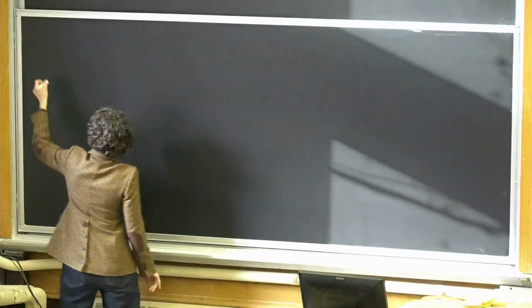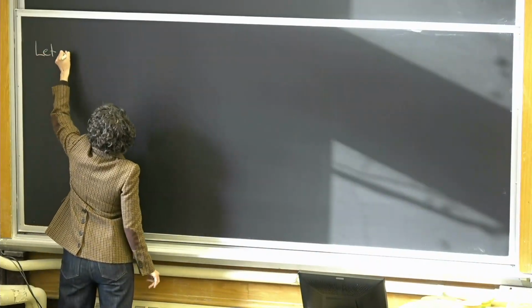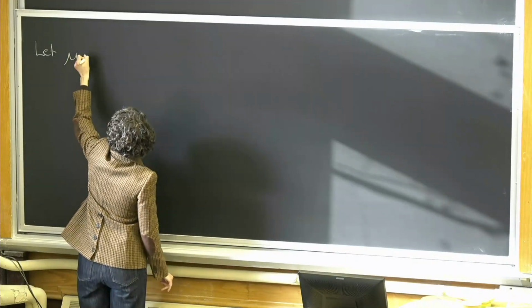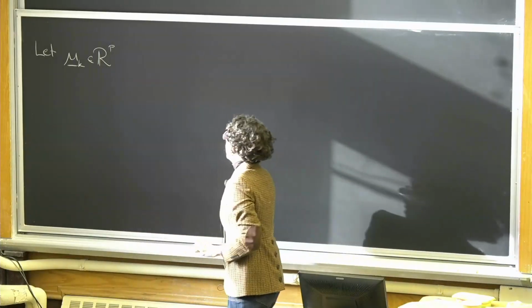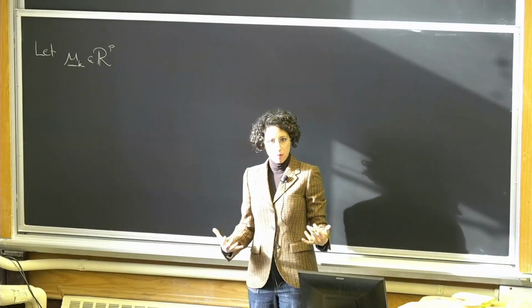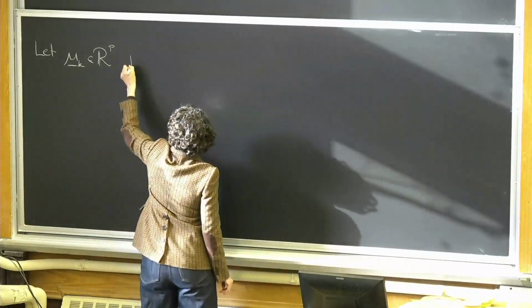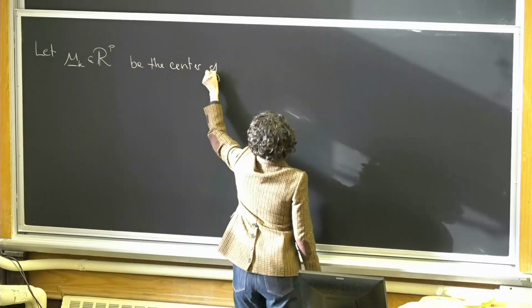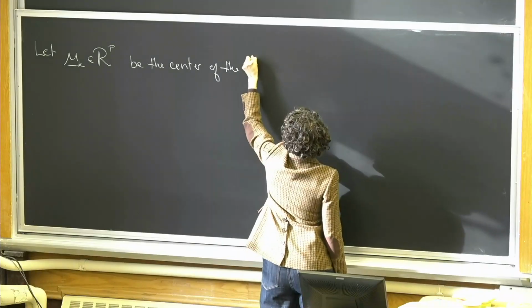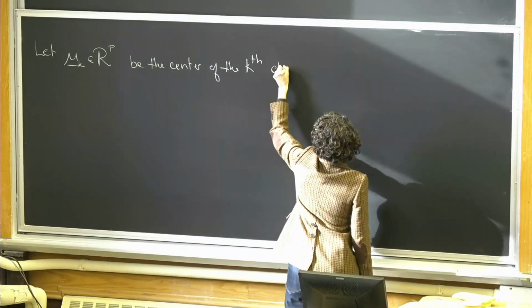So specifically, we are going to let mu sub k be a vector in p dimensions, and we are going to let this represent the center of the kth cluster.